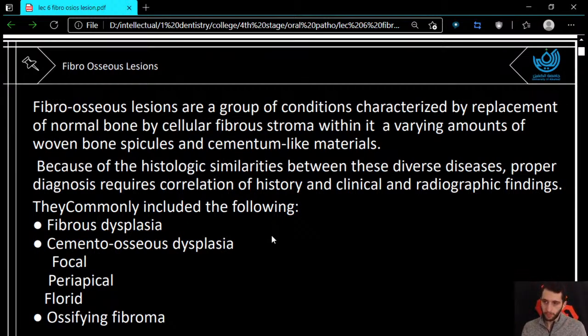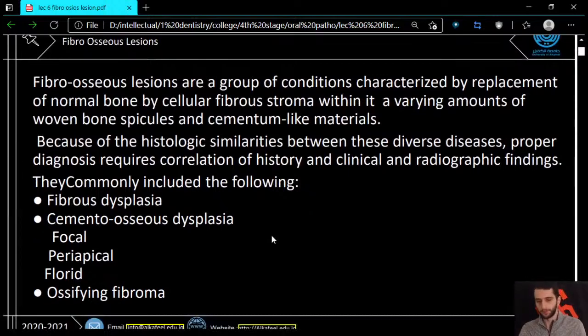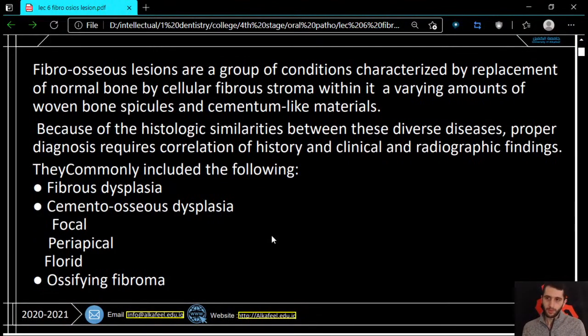Fibroosseous lesions are a group of conditions characterized by replacement of normal bone by fibrous stroma, as the subject for today is fibroosseous lesions. It is a change in the bone, as bone is presented primarily.